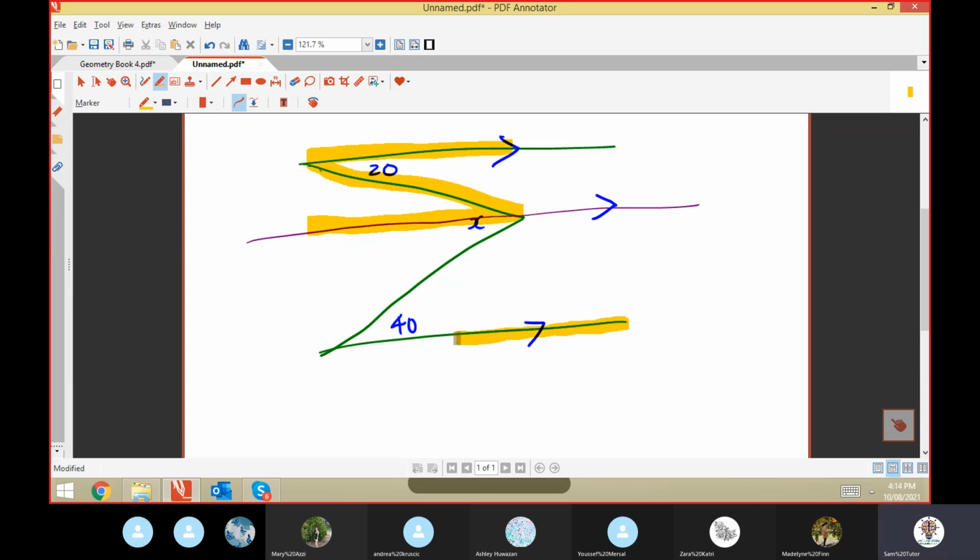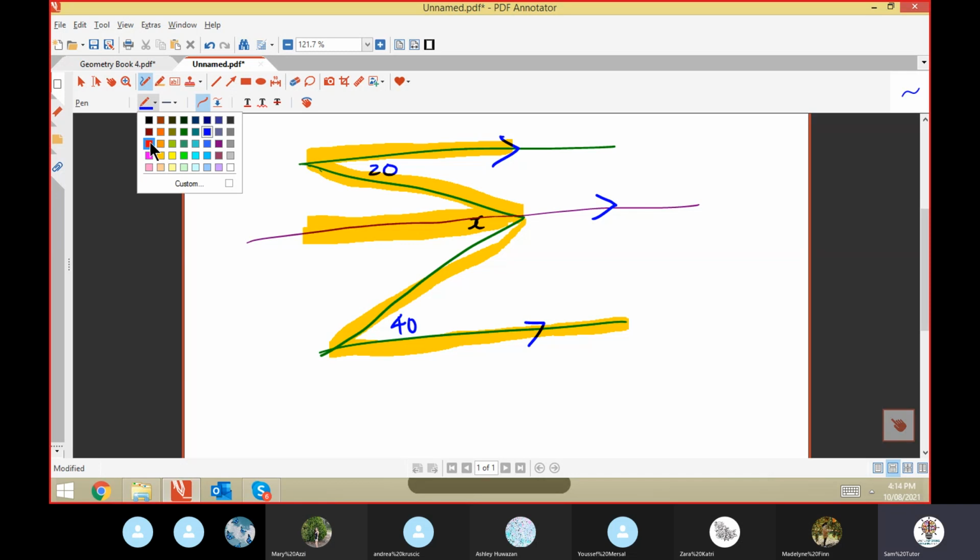Look at that one and that. So what can be said about this angle and this angle? They need to be the same. What can be said about that angle and that angle? They're also going to be the same.